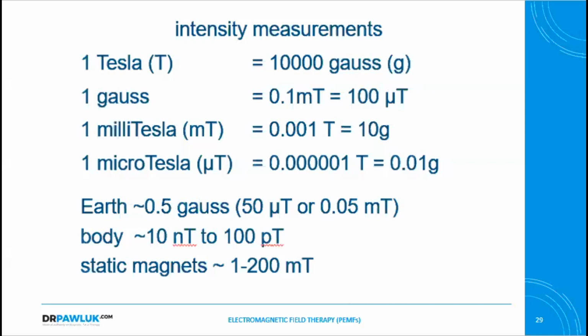The body's magnetic fields are extraordinarily weak, down to what we call nanotesla or picotesla, so even much smaller than microtesla. Static magnets typically measure anywhere between 1 Gauss and 1,000 or 5,000 Gauss, like 1 to 200 millitesla, depending on the strength of the magnet.